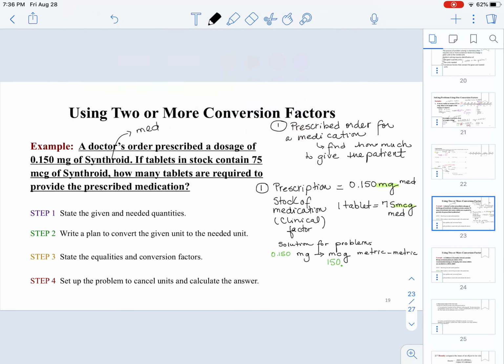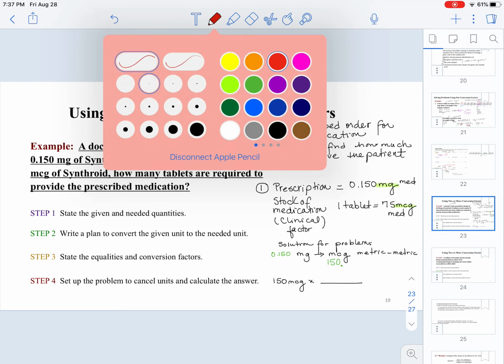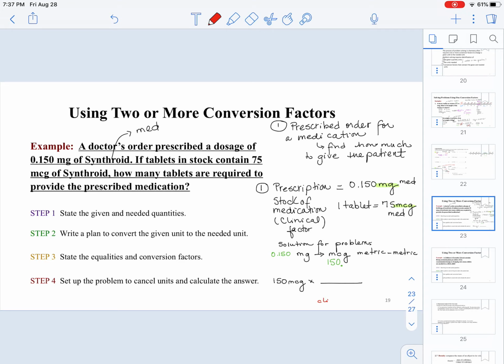So how are we going to do this? Again, dimensional analysis. You know that what you need to give the patient is 150 micrograms of the medication. Then here you're going to be using your clinical factor as your conversion factor.